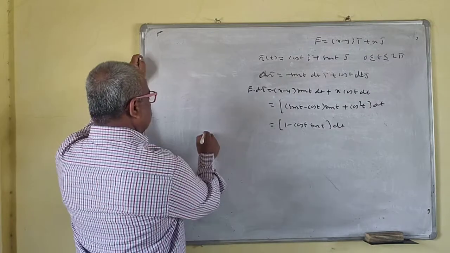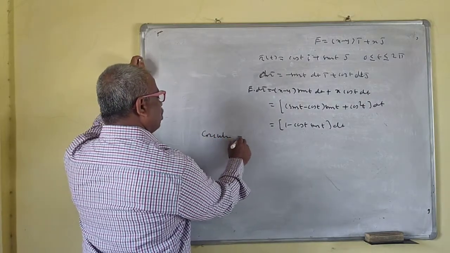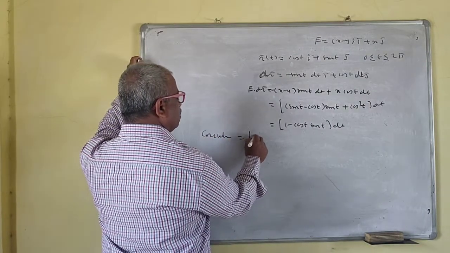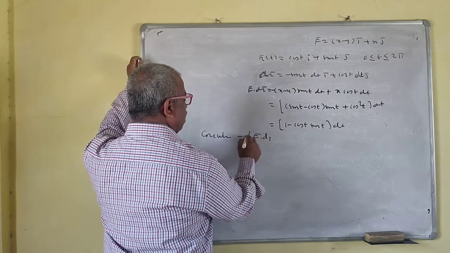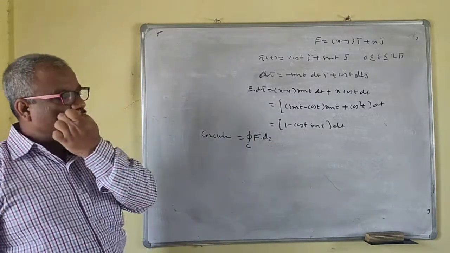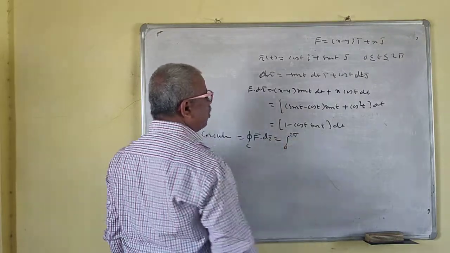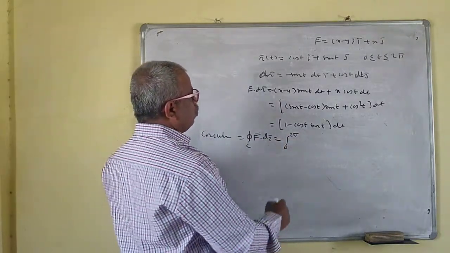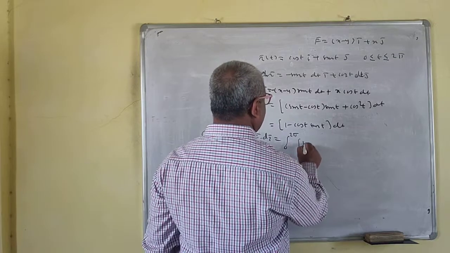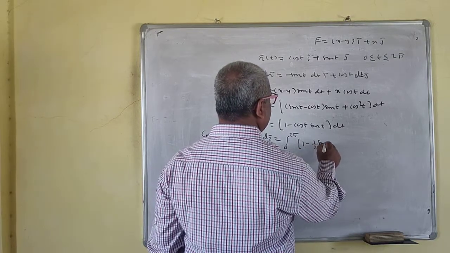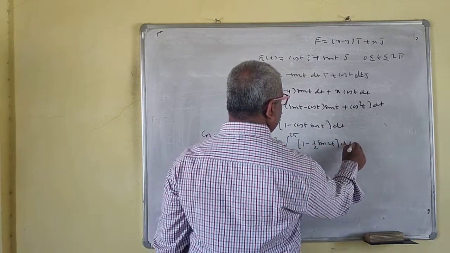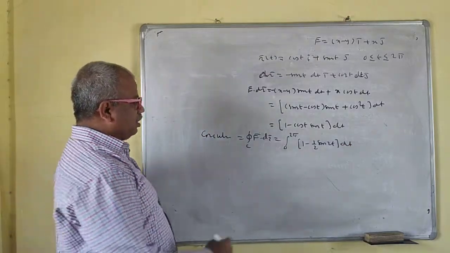Now your circulation is equal to the integral over c of F bar dot dr bar. So this is from 0 to 2 pi of 1 minus 1 half sin 2t dt. To integrate this, it is easy to do.